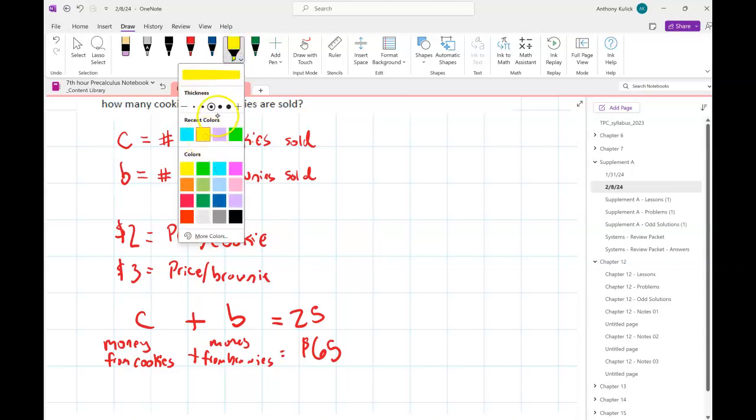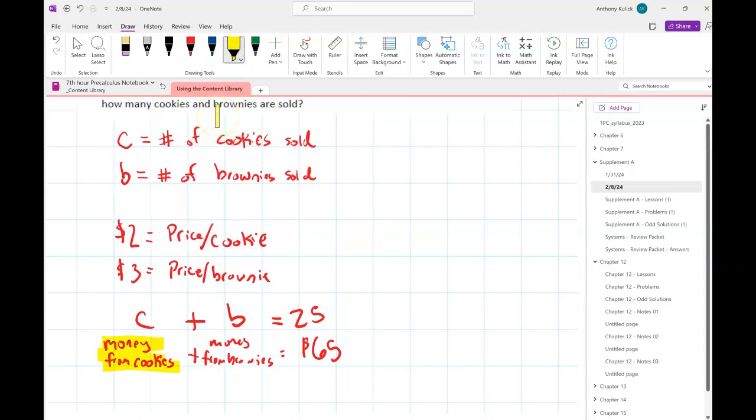So how do we get this money from cookies? Okay, well, that's $2 per cookie. That's not just dollars, right?